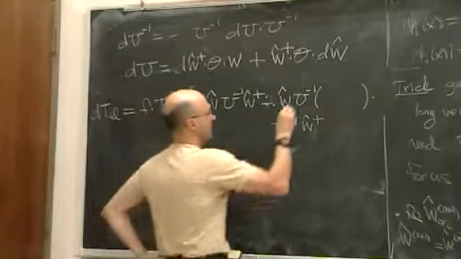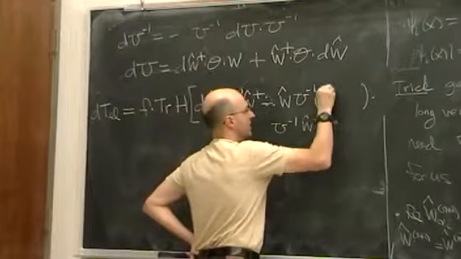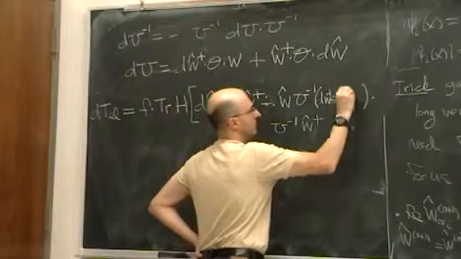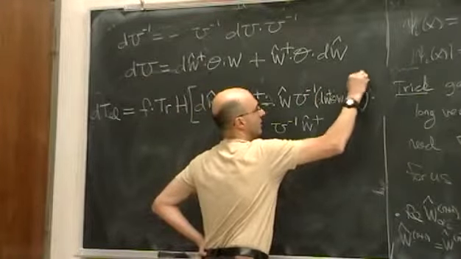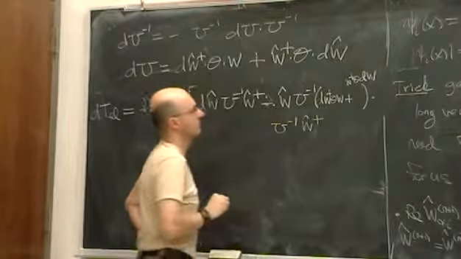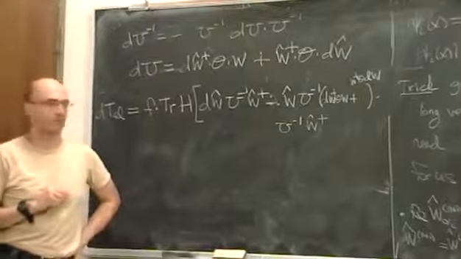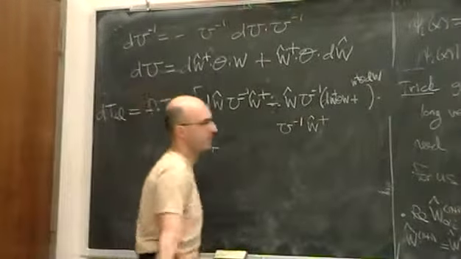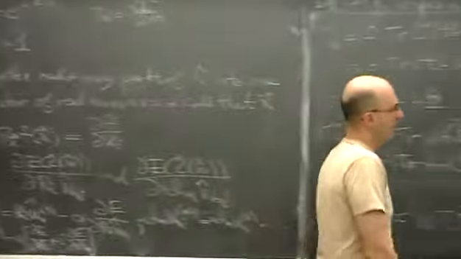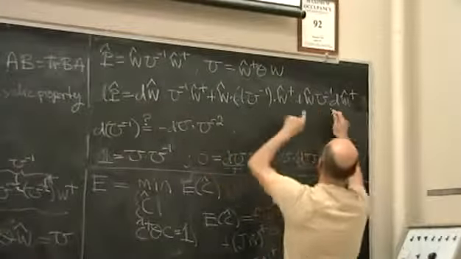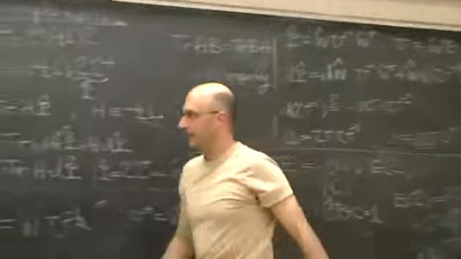And dU was dW dagger O W plus W dagger O dW. And the final piece was very closely related to the original piece over here, W U inverse dW dagger.